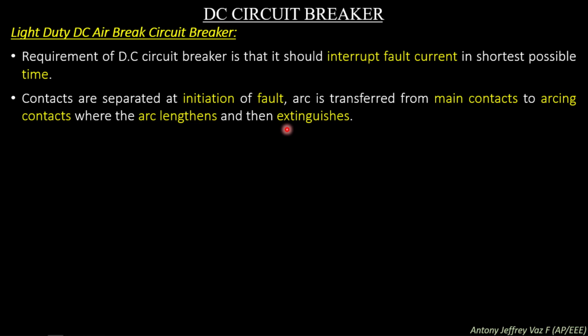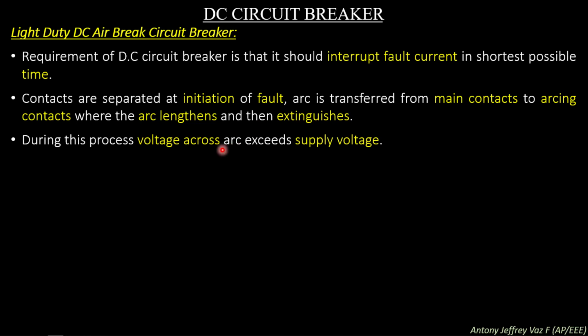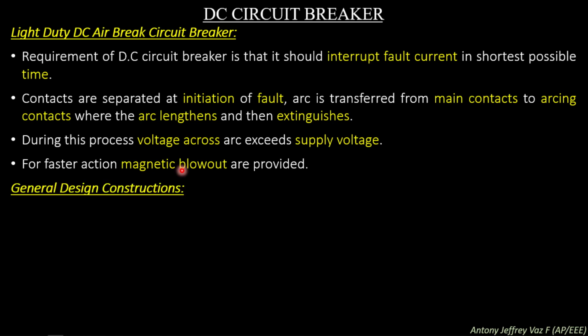So when the arc is struck during the contact separation of main and arcing contacts, the arc gets lengthened and it will get extinguished. During this process, voltage across the arc exceeds the supply voltage. For faster extinguishing of the arc, magnetic blowout coils are provided.